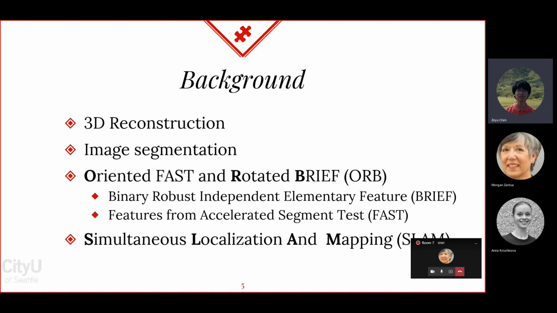Finally, SLAM. If ORB can give computers the ability like human to recognize the same object from different angles, then SLAM can let computers know where they are in the real world.